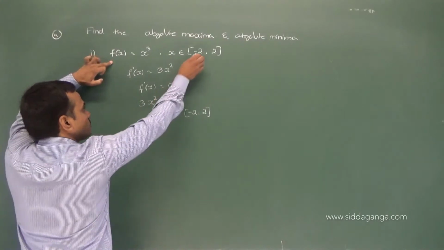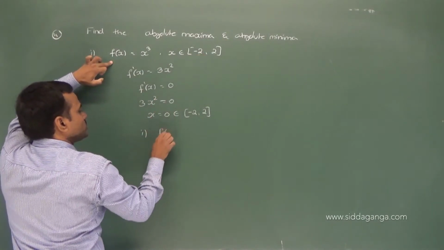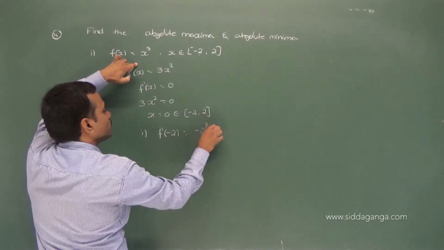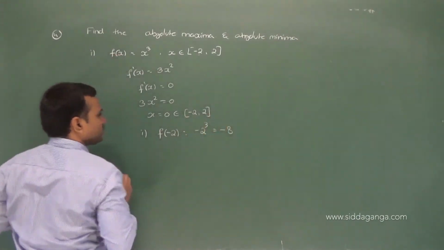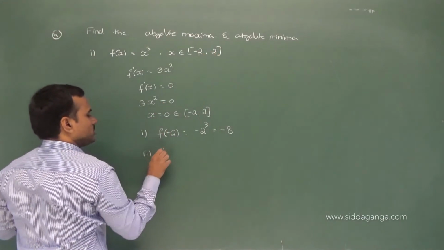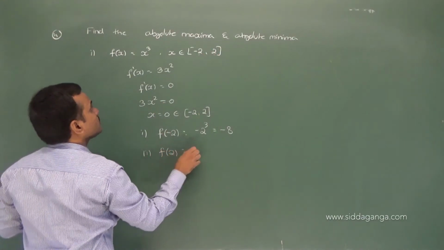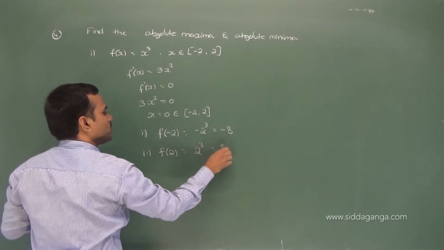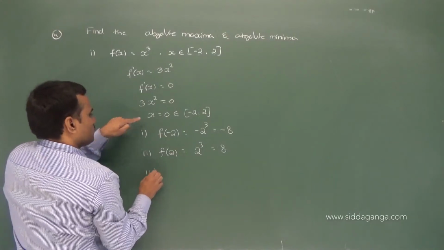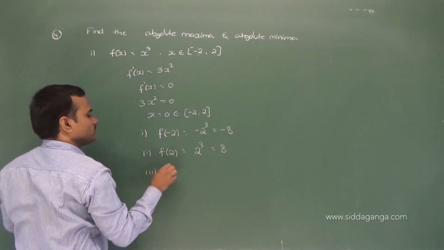First one is f of minus 2, minus 2 cube, minus 8. Second one, f of 2, 2 cube, plus 8. And find the value at the critical point.